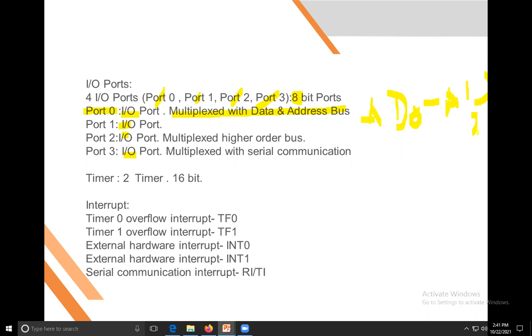The number of pins required in designing the controller will be less due to multiplexing. So multiplexing is important in any controller or processor because fewer pins will be required.